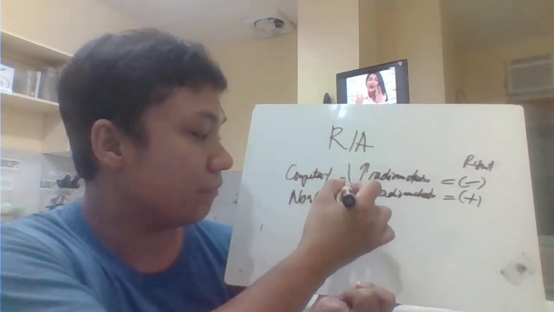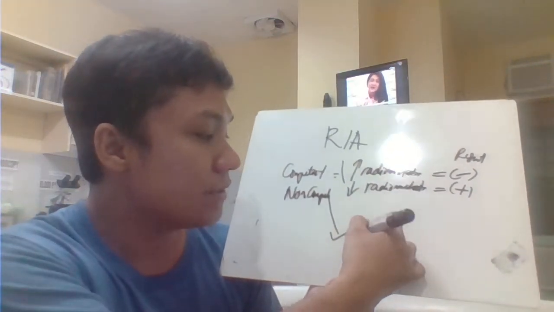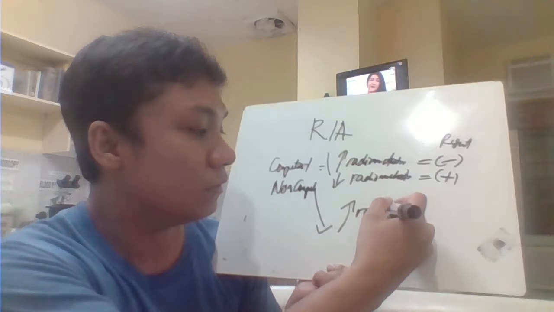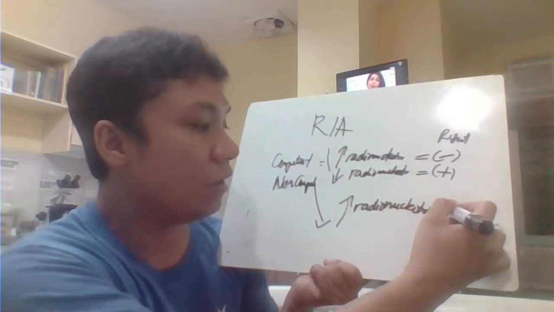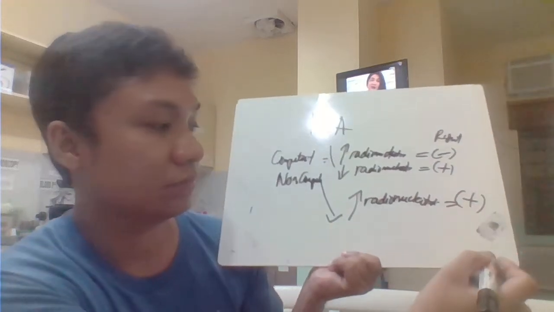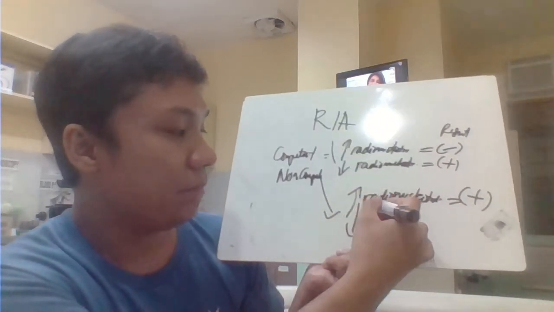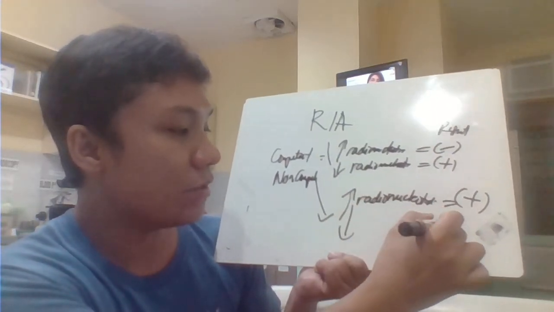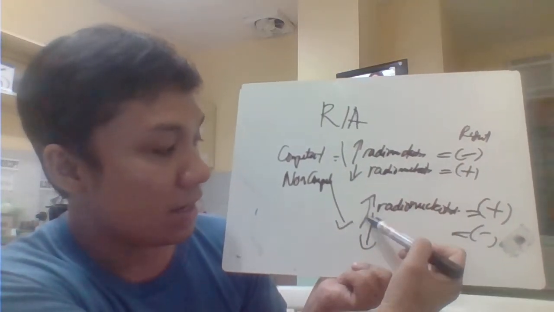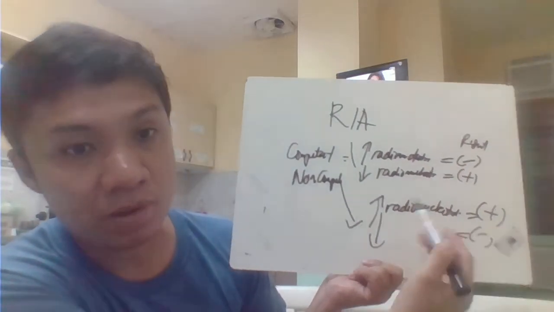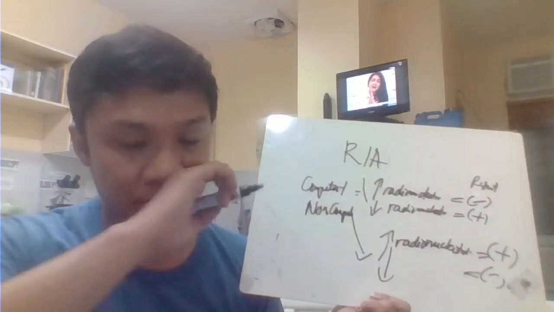Pag competitive. Pag non-competitive, on the other hand, so increase radio, okay, this is positive. So, pag decrease naman, so this is your negative. So, basta competitive, inversely proportional. Pag non-competitive, will always be directly proportional.